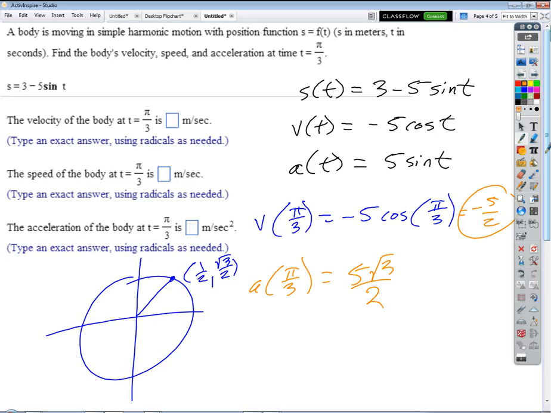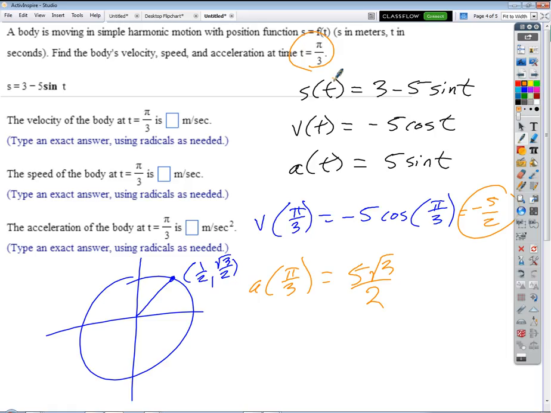Can you go through the steps again on velocity? Velocity, yeah, all we did is we were given the position function, so we take the derivative of position to get velocity, take the derivative of velocity to get acceleration, and then we're just evaluating each of those at pi thirds to get the answers. Does that answer your question, Ellie?